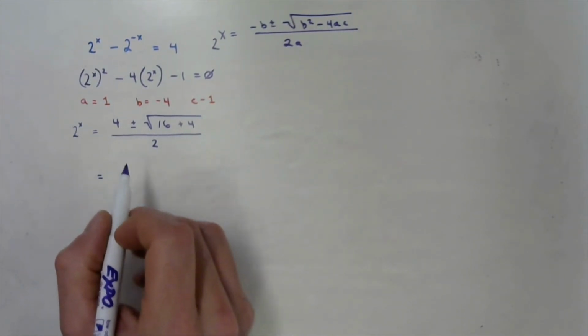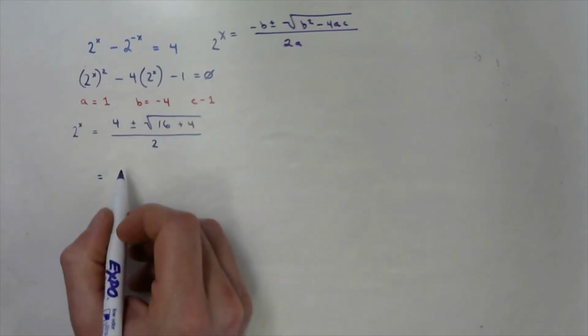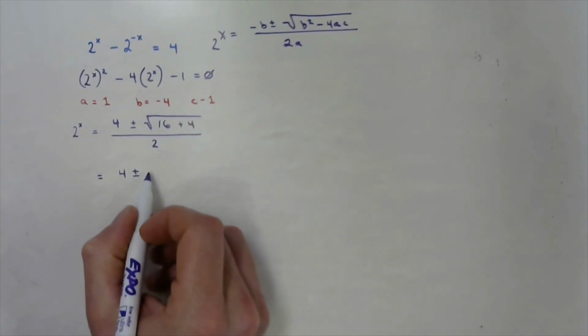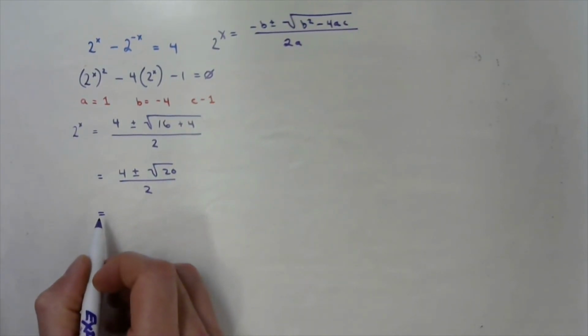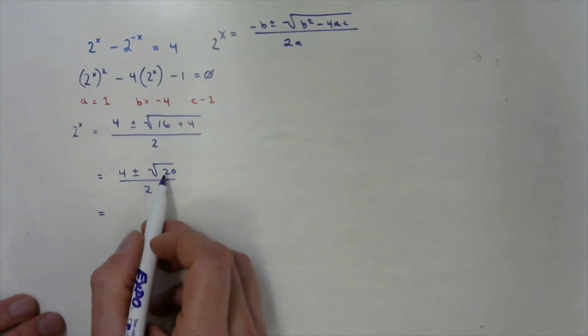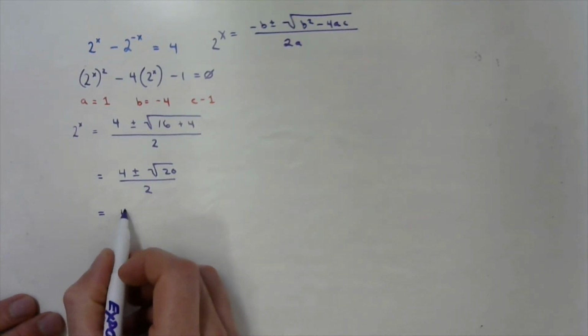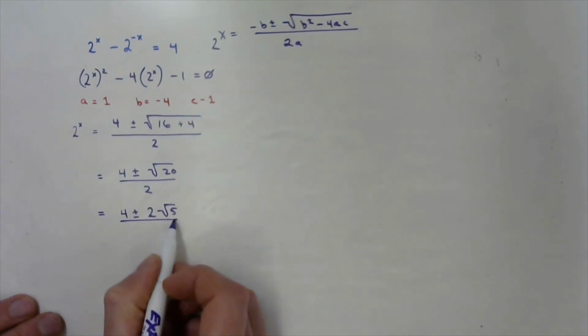But here we go. We've got this radicand is 20, so you've got 4 plus or minus radical 20 over 2, and you should have some skills to reduce this thing. 20 can split out to 4 times 5, which means radical 4 times radical 5, which means the square root of 4 is 2, so you have 2 radical 5 here. So you've got 4 plus or minus 2 radical 5 all over 2.